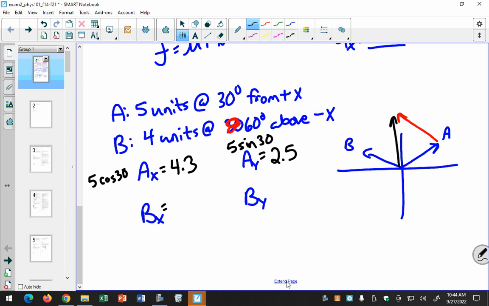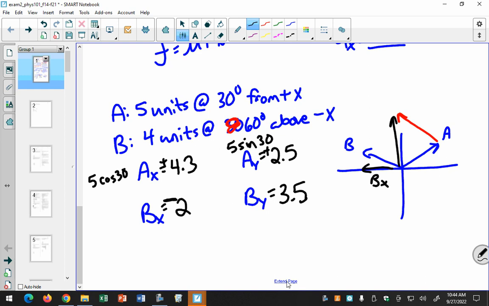And here I do 4 cosine 60, that's equal to 2. And then 4 sine 60, that's equal to 3.5. So I find those x and y components, but I need to be careful about the signs. This is positive, this is positive. B_x, however, is negative. Notice its x component is in the negative x direction.